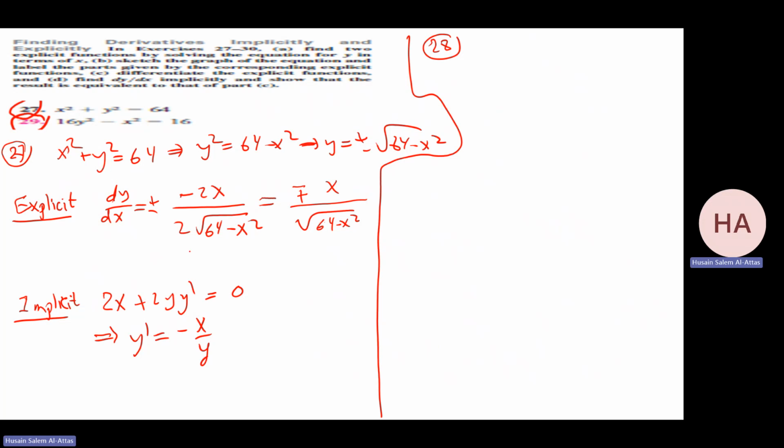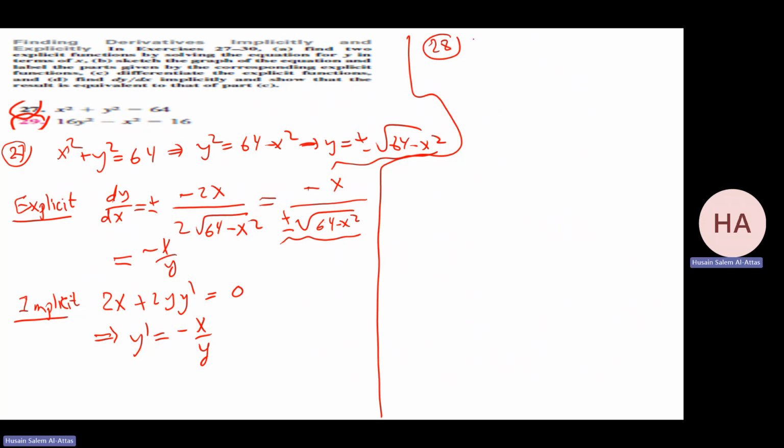If you notice, this one I can label minus x, and here I have plus or minus, and this is my y. So that will be minus x over y. Or you can do it plus or minus, in both cases you'll get the same answer.